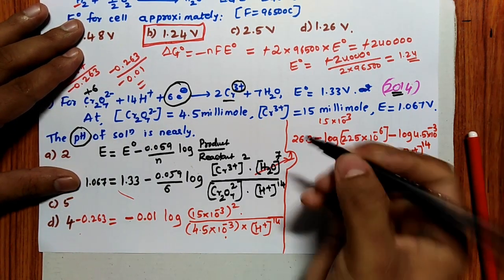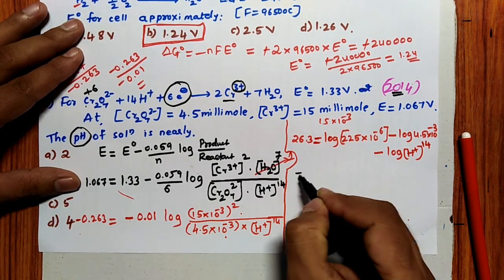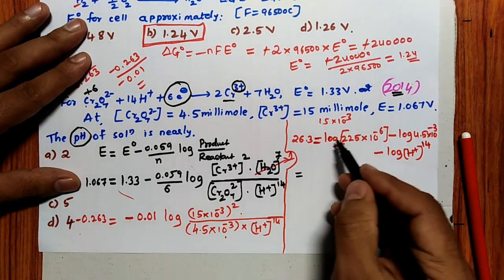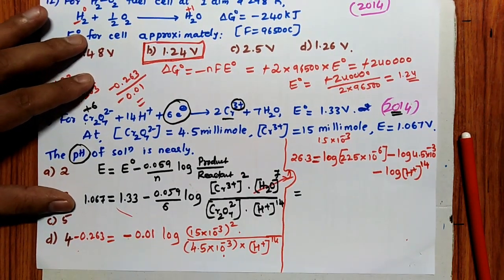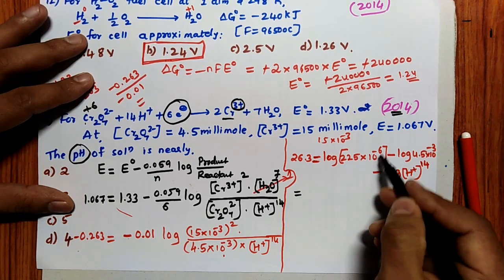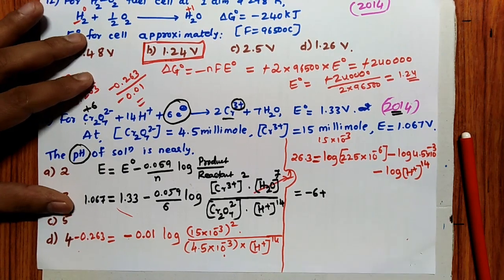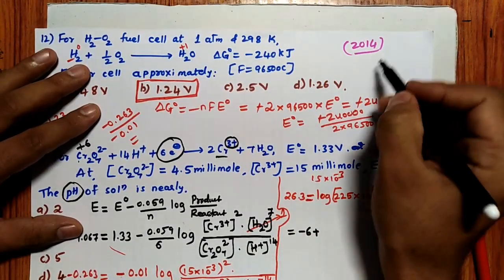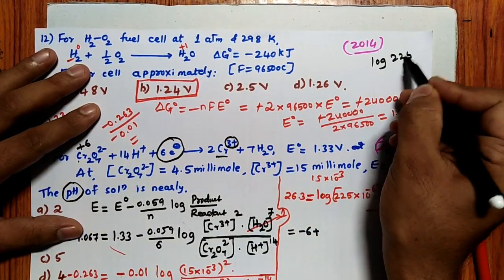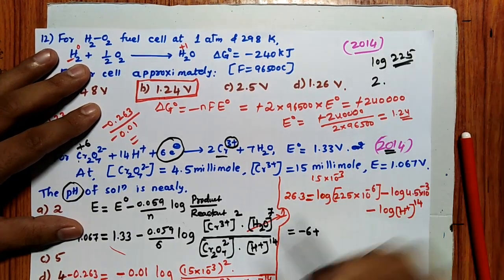This already 26.3 is there. Hence I will write it here: 26.3 is equal to log 225. How to calculate? Log of 225, this 10 to the power minus 6 means I can write minus 6 plus log of 225. See, log of 225, 3 digits are there, hence I will write 2 point.